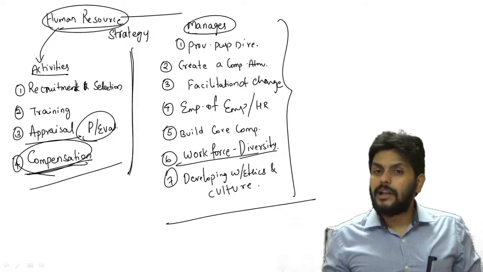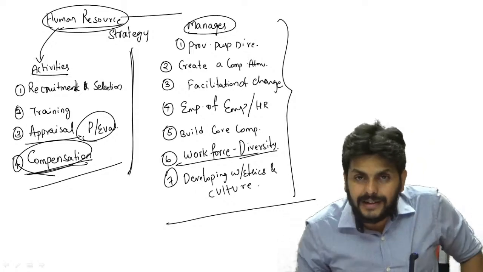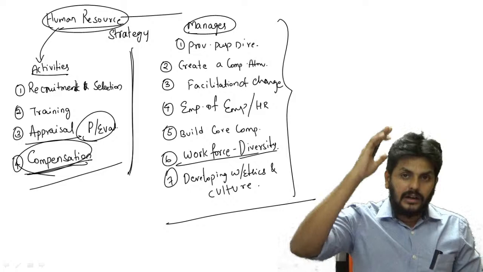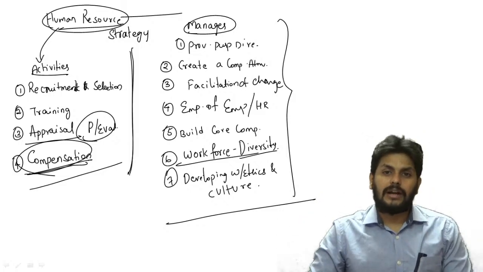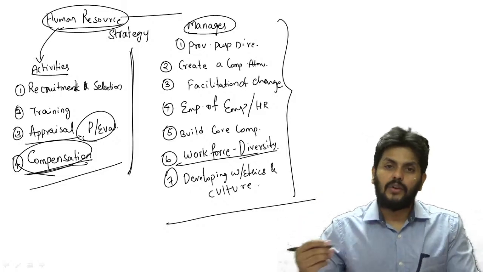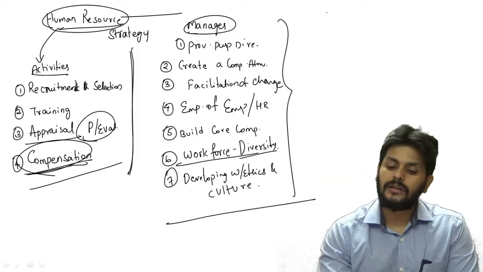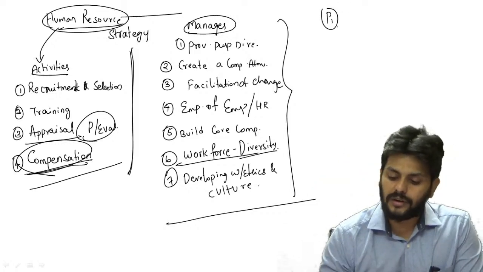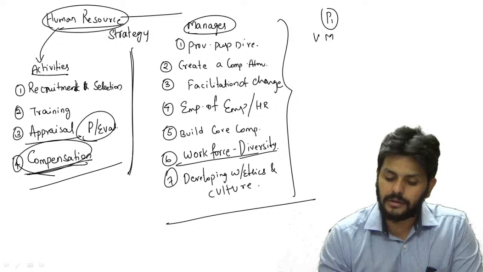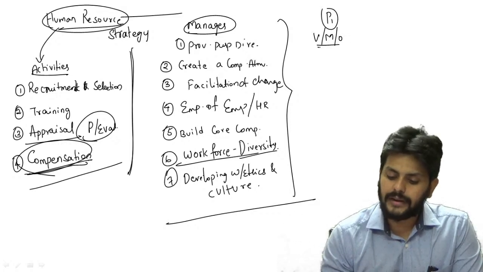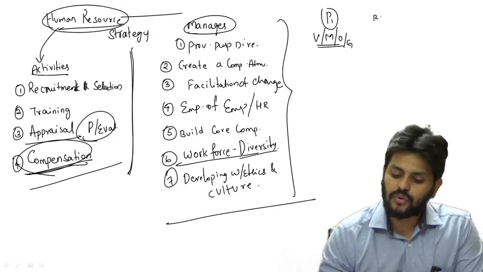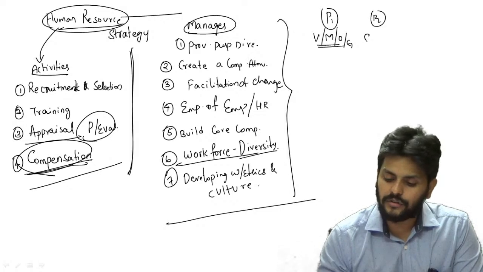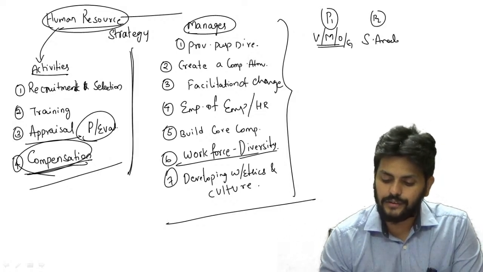Phase 3 is all about the 3 strategies: corporate level, business level, and functional level strategies. Let me quickly remind you what we discussed. We discussed phase 1 in our previous session: vision, mission, objectives and goals. In phase 2, we discussed the entire concept of strategic analysis.